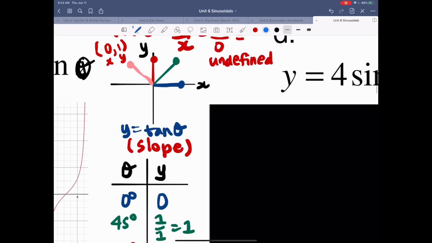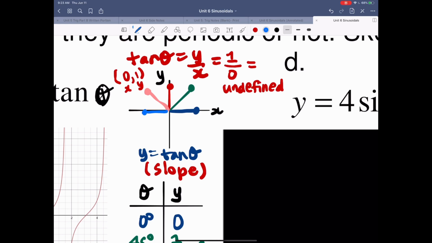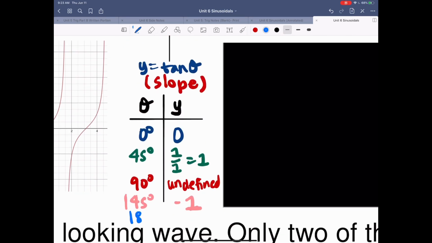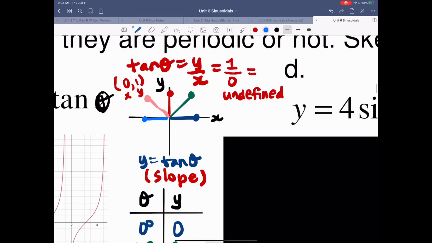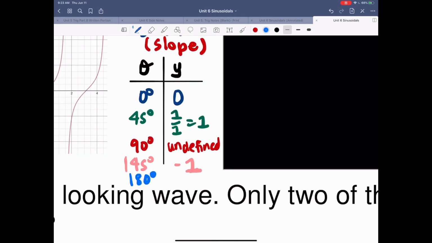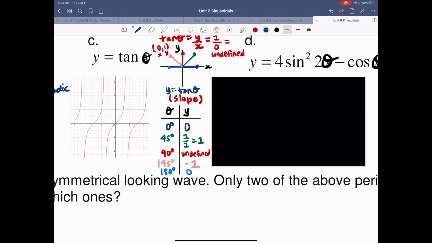So 180 degrees, that's another horizontal line. At 180 degrees, if it's a horizontal line, then the slope of that line is going to be 0.